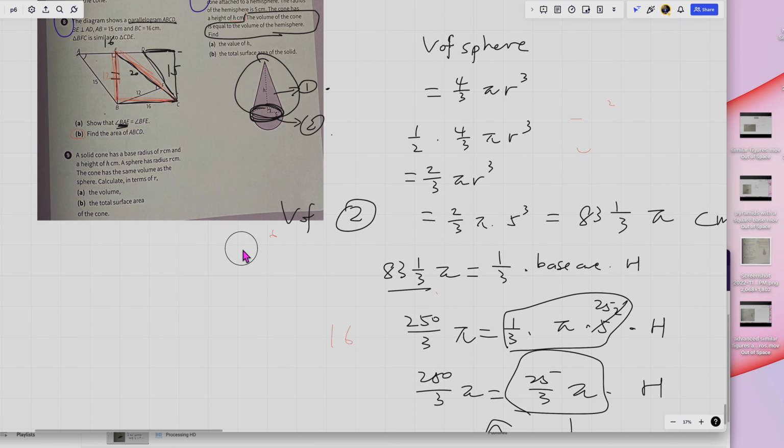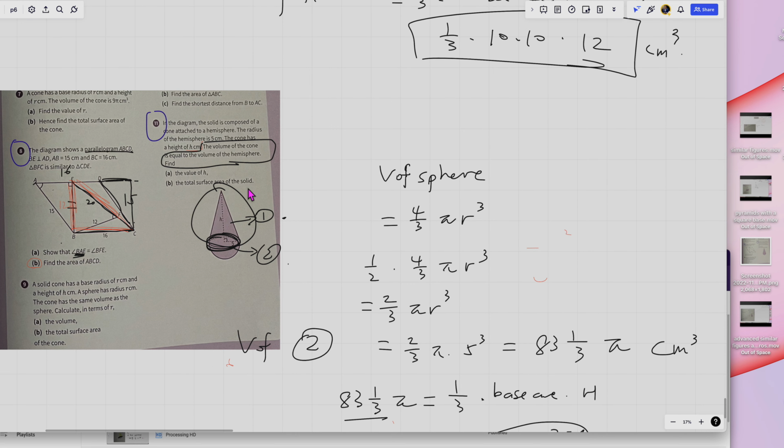Once you get h, then everything else is the total surface of the solid. So just find 1 and then 2. Right? So once again, what's the formula for cone? This is called the outer curved surface.